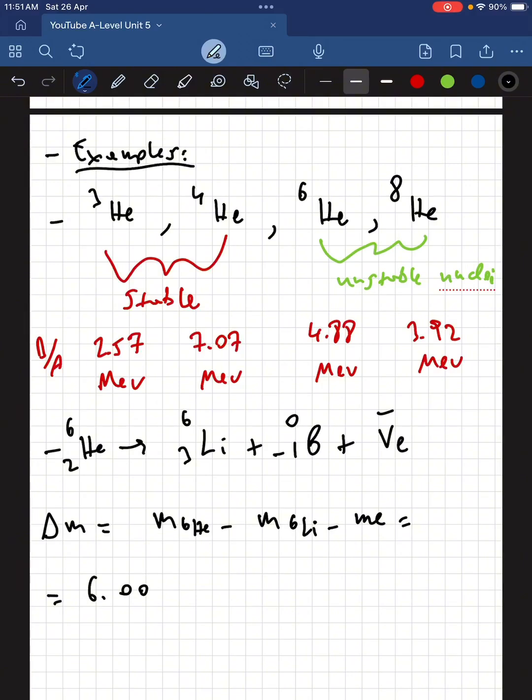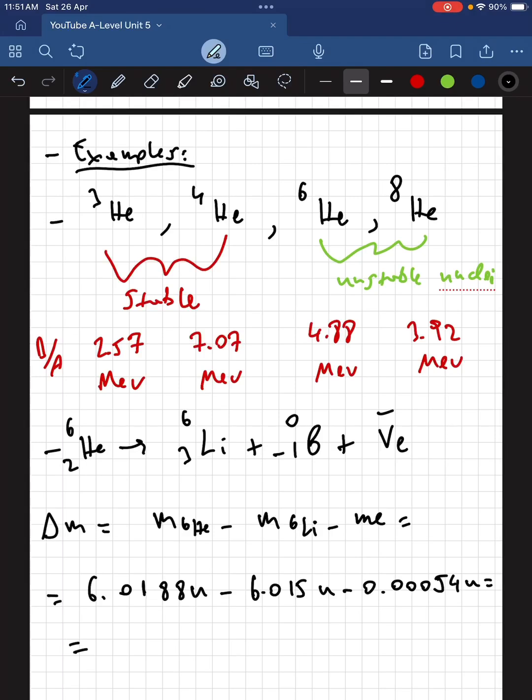In an actual exam, this will be given to you. You find 6.0188 atomic mass units minus 6.015 u minus 0.00054 u.